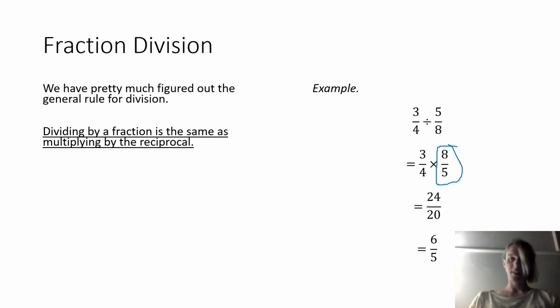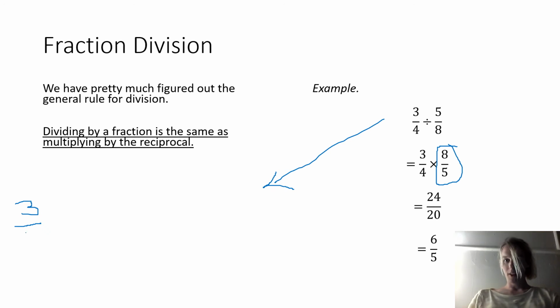And you can check that this agrees with the filling the blank thing. What is 3/4 divided by 5/8? Well, we said it's the number that fills in the blank in this equation: 3/4 is what times 5/8? 3/4 is what measurement of 5/8?